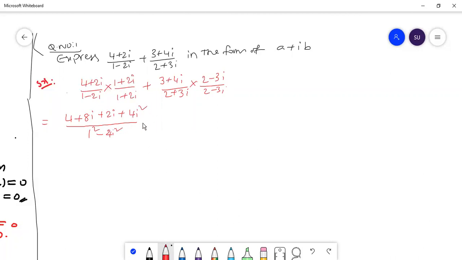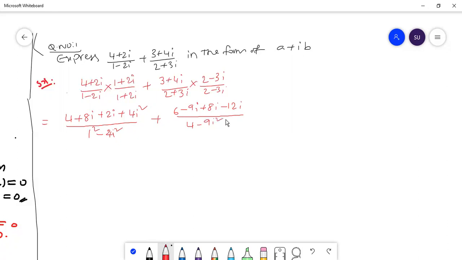Next, the second part: 3 twos are 6, 3 threes are 9i, 2 fours are 8i, minus 12i square, divided by 2 square is 4 minus 9i square.